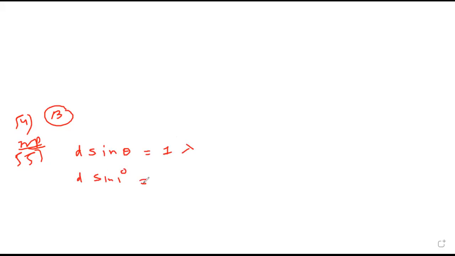Lambda is given as 5000 angstrom, so 5 into 10 raised to minus 7. Sin 1 degree is 0.0175, which equals 175 into 10 raised to minus 4.